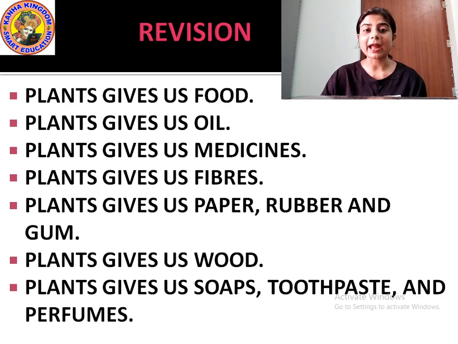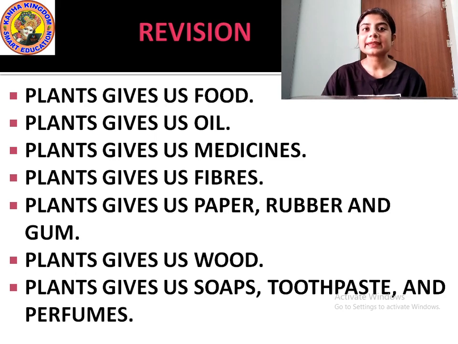Then it gives us fiber. The thread that is used to make clothes like cotton, linen, jute, all these things are obtained from plants. Plants also give us paper, rubber and gum. Paper is obtained from the trees that are cut down.